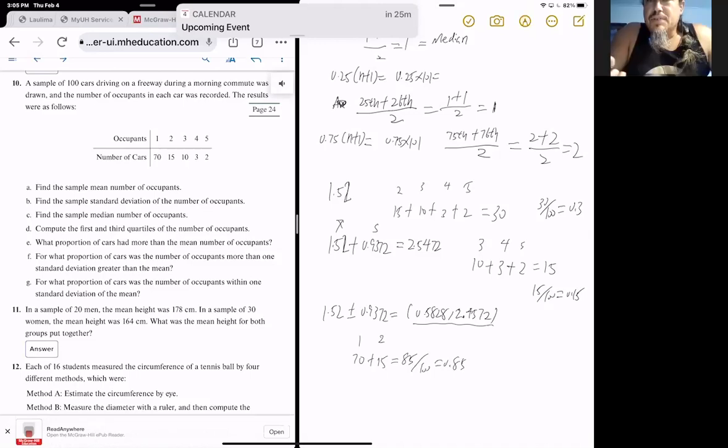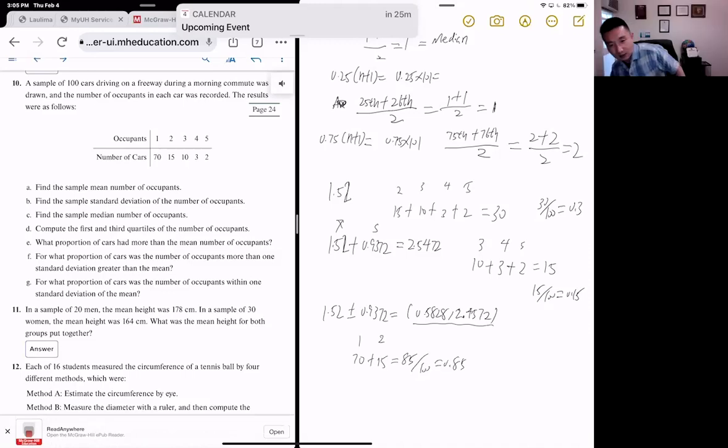I'm sorry, could you explain why we're doing the plus or minus in that equation? The question is asking what proportion of the cars had a number of occupants within one standard deviation of the mean. So within could be one standard deviation larger, or one standard deviation smaller. Good question.